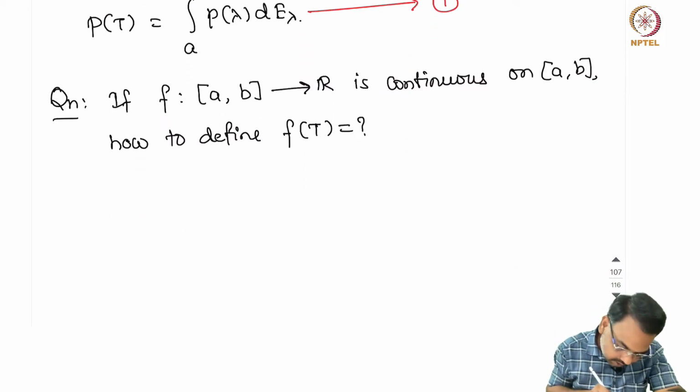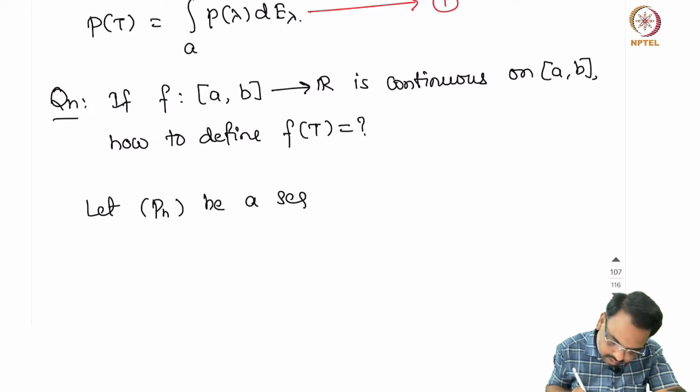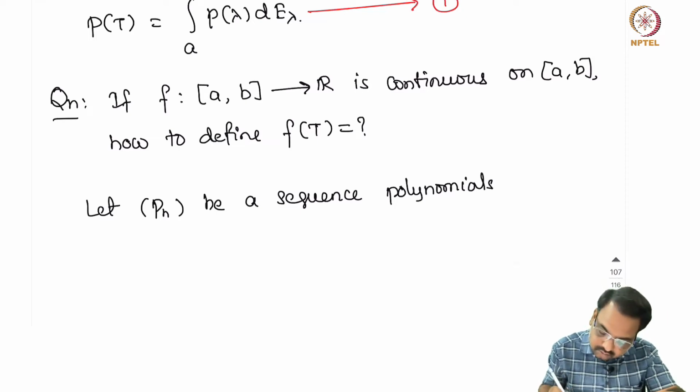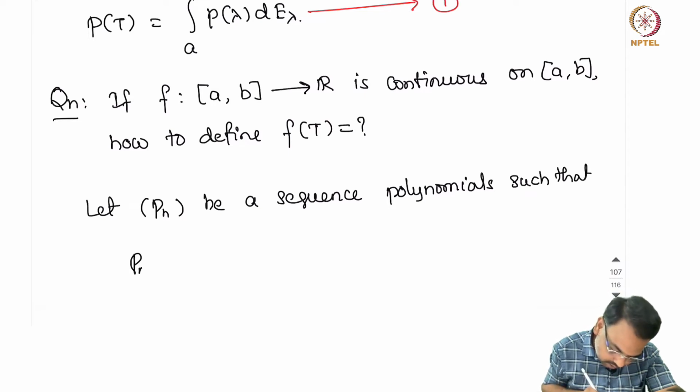Let us take Pn a sequence of, of course real, polynomials such that Pn converges to f uniformly.